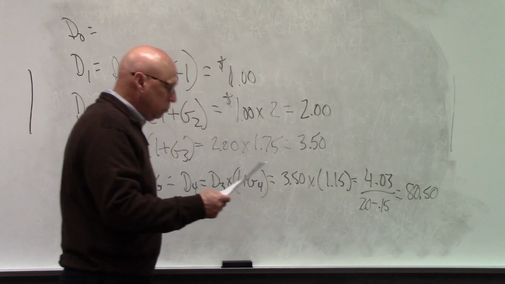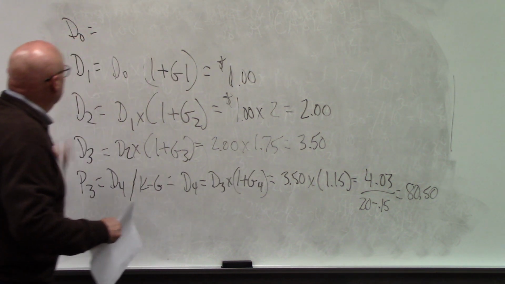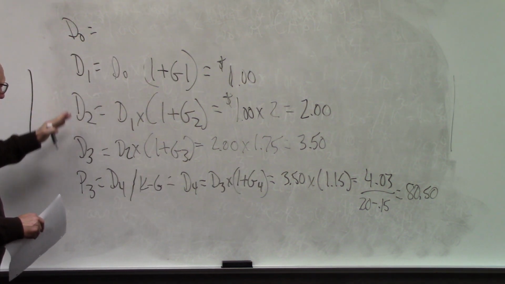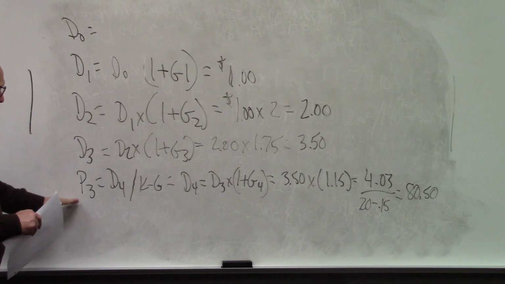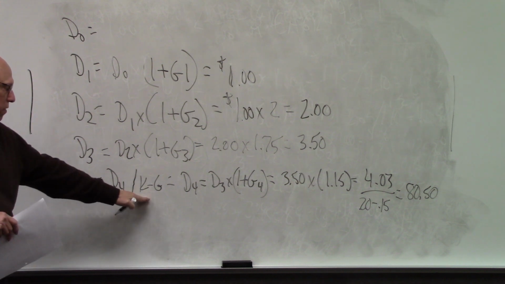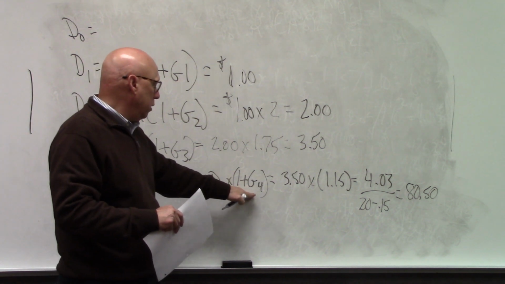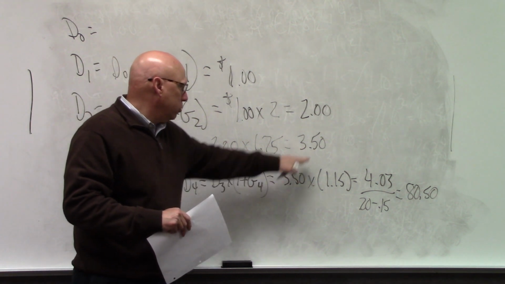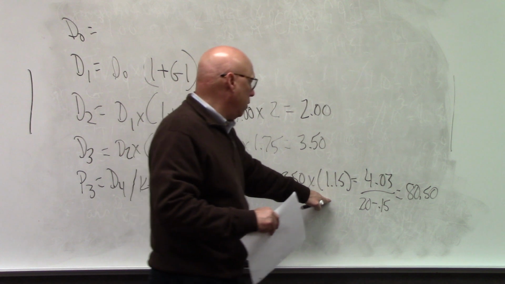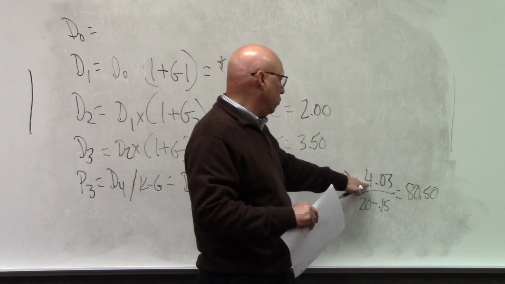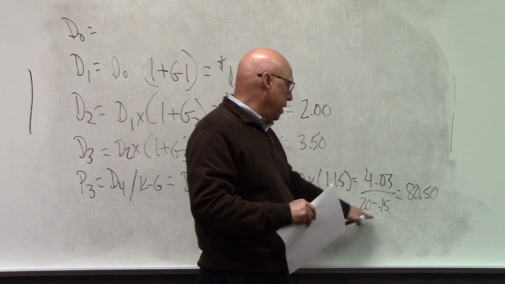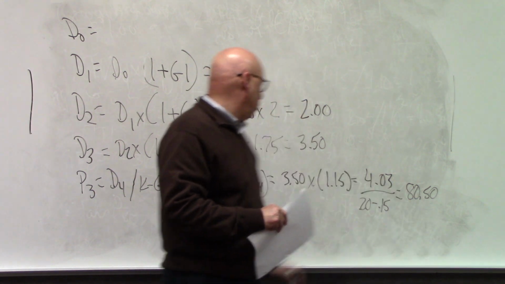Okay. All right. D1, D2, D3, P3. P3 equals D4 divided by K minus G. D4 equals D3 times 1 plus G4, equals 3.50 times 1.15, equals $4.03, divided by K minus G gives P3.